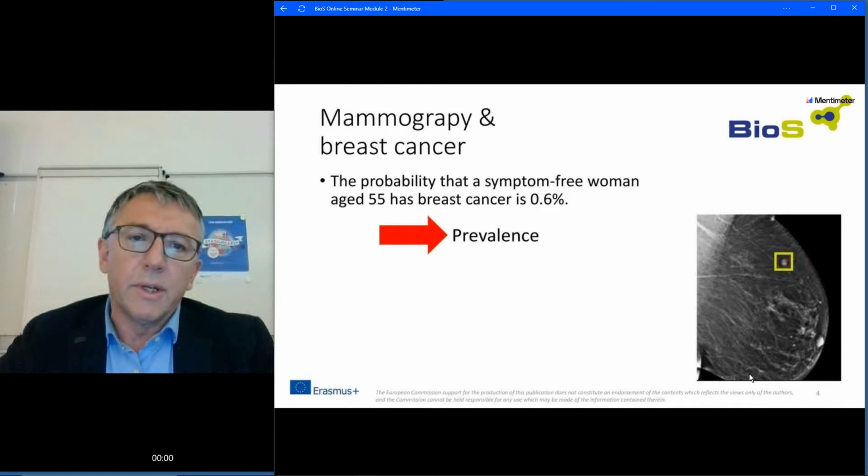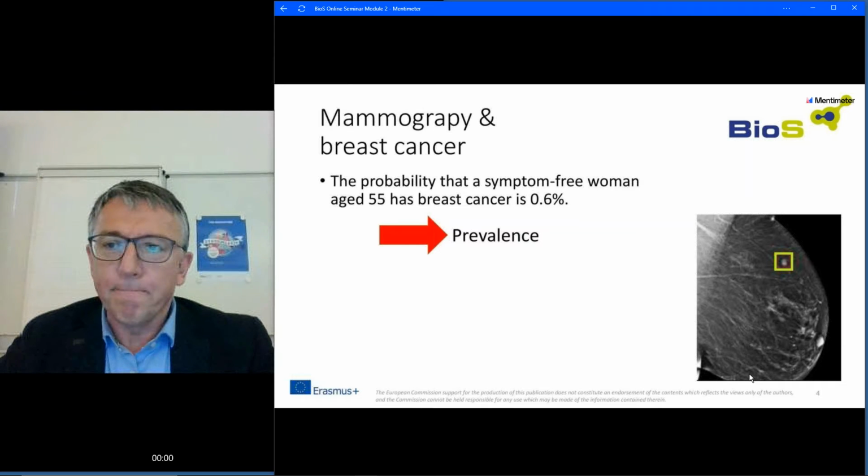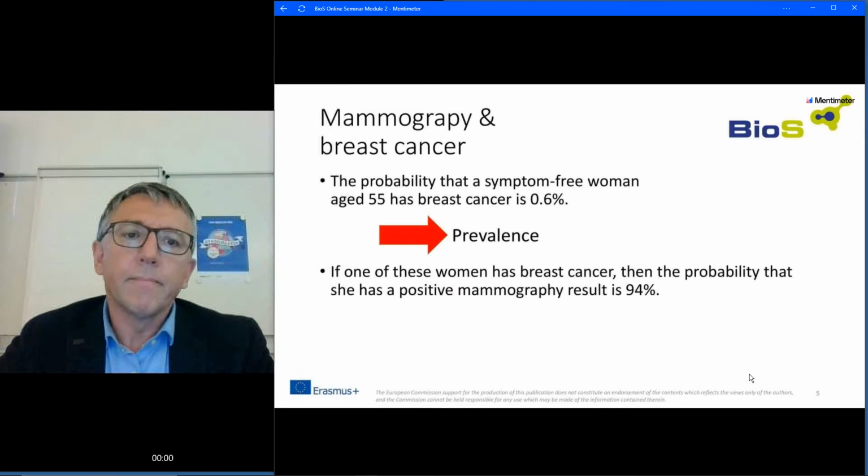If you look up the literature, you find that the prevalence at the age of 55 for women is around 0.6%. This comes from large cross-sectional studies that use this diagnostic test to detect breast cancer with mammography.